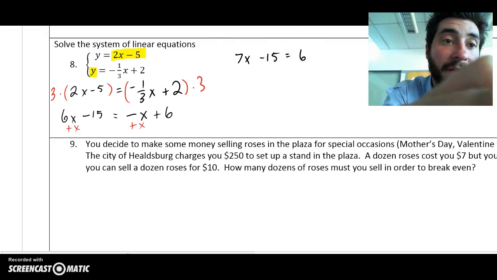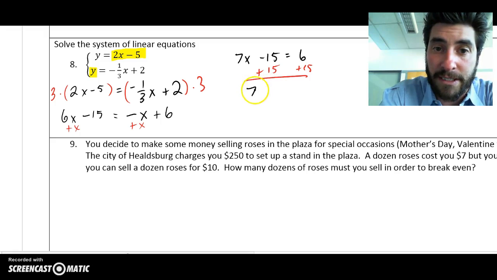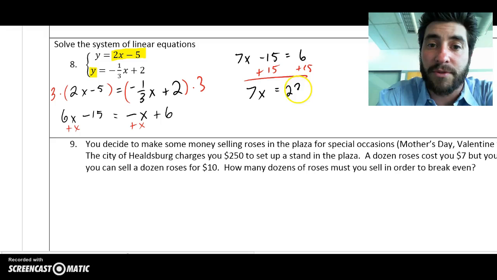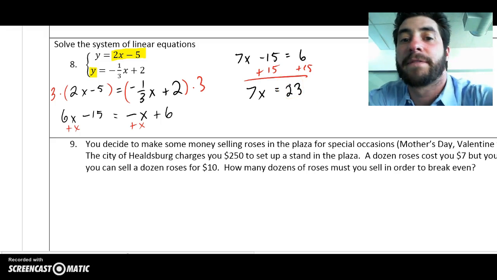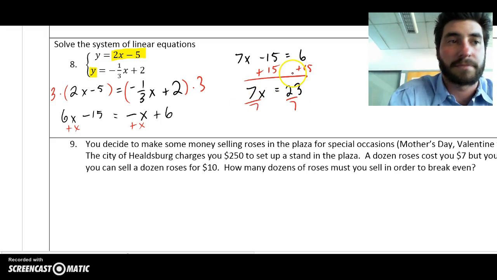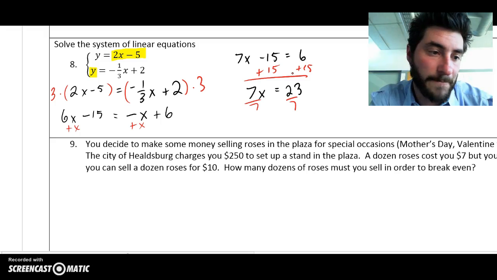I'm going to add 15 to both sides. And I'm going to have 7 x's equals, what is that, 23? Phooey. So I'm going to divide both sides by 7. And I was hoping to be a nice whole number there.